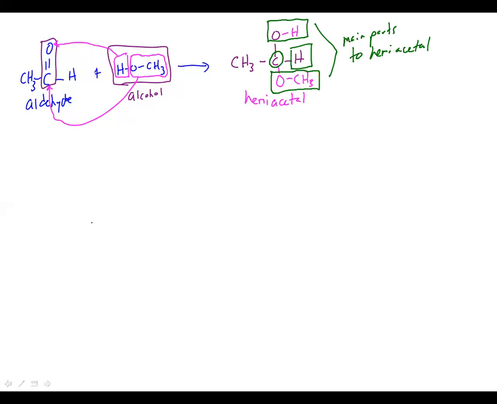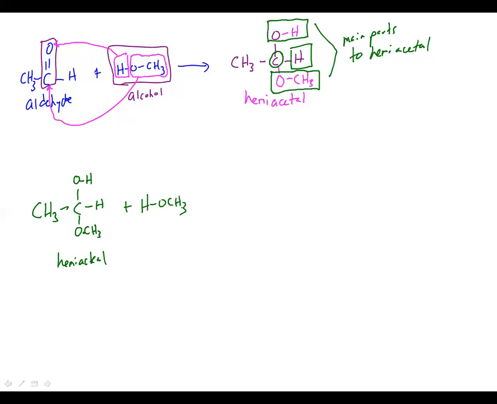Now, this hemiacetal can continue on, and I'm just going to redraw it the same as what we got up there. You could add another alcohol to it. It could be the same alcohol, could be a different one. It probably will be the same.